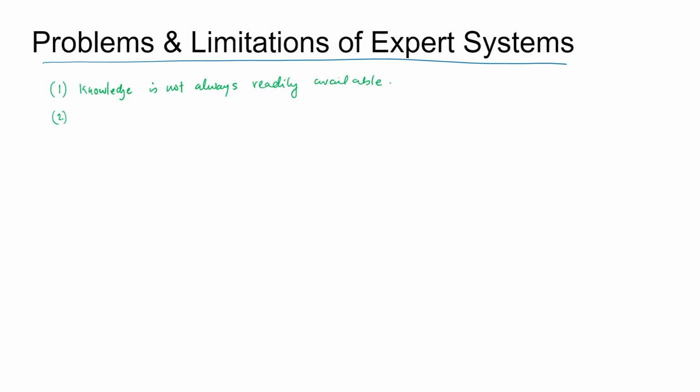The second issue is expertise can be hard to extract from humans. So, if you have a human expert, how do you extract the expertise? It is usually very hard to extract the expertise from a human being. That is the second aspect.